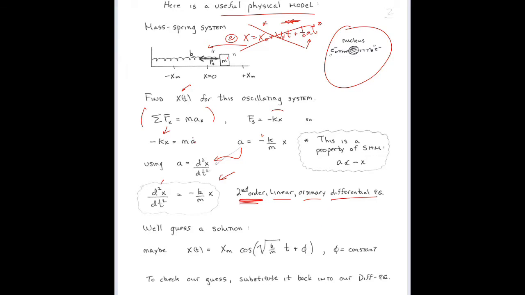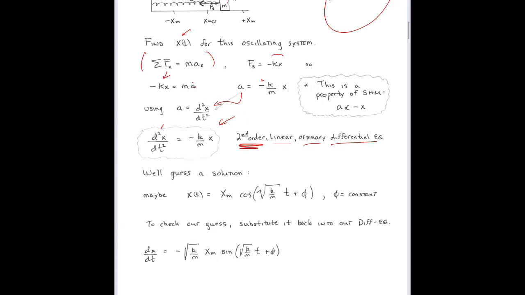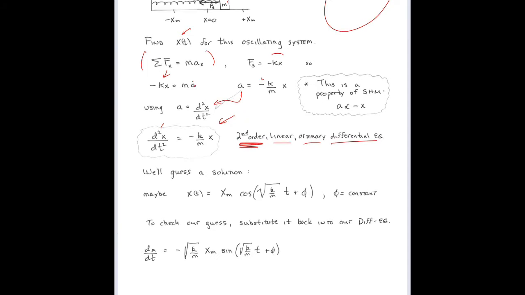In differential equations class, they will teach you how to solve differential equations that have a certain pattern. Here's the pattern: you have a function x, and you take two derivatives, and you get minus a constant times the same function back.